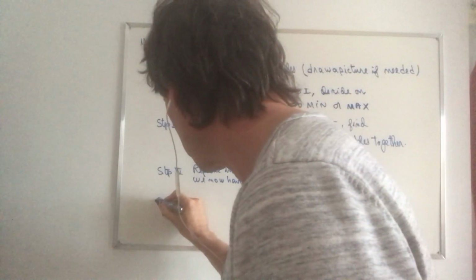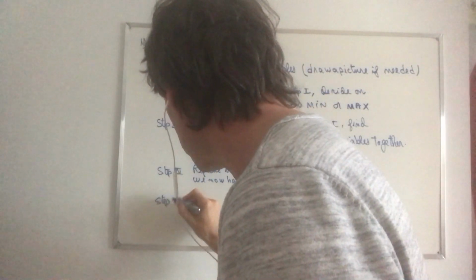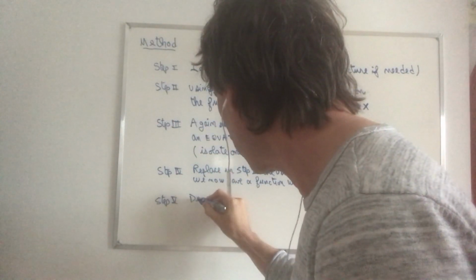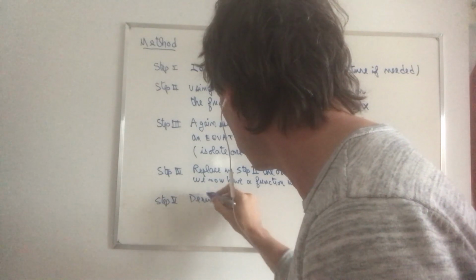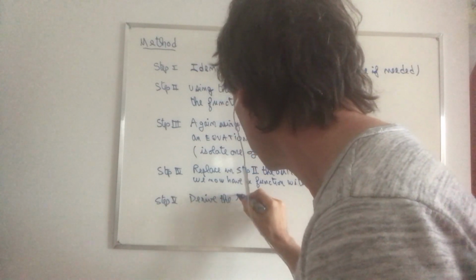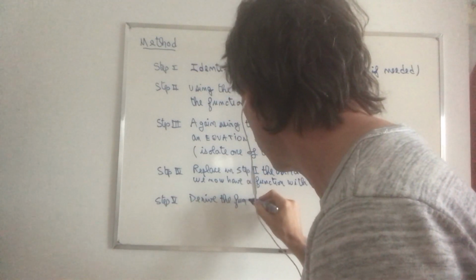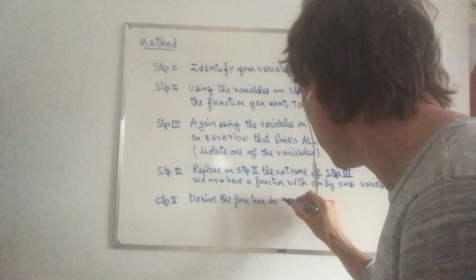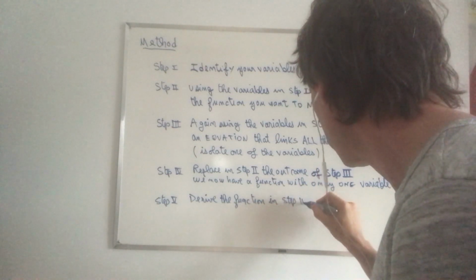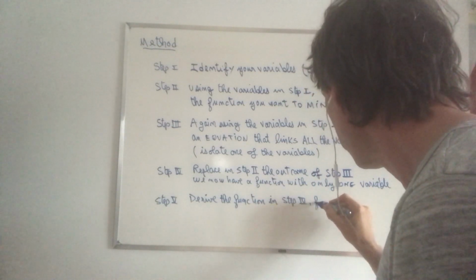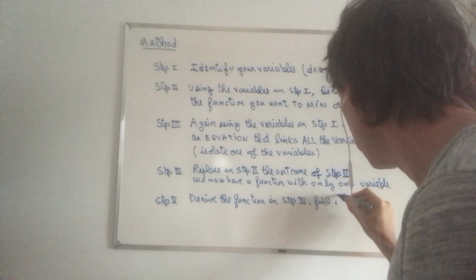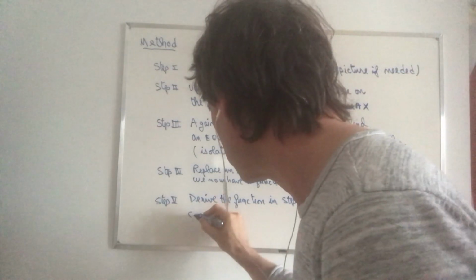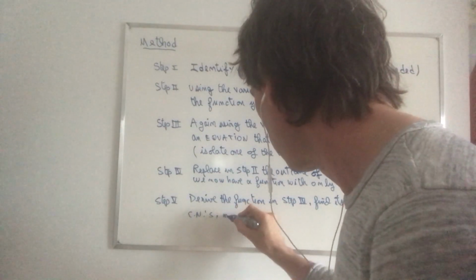The actual calculus work takes place here in step 5. Derive the function in step 4. Derive the function you have obtained in step 4. Find its critical numbers.